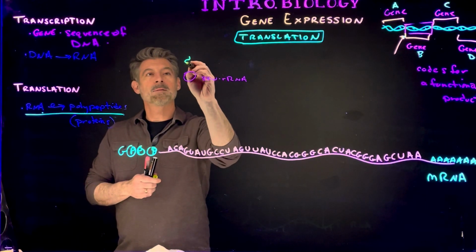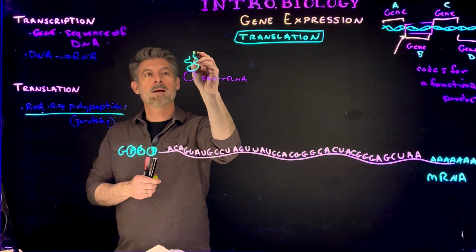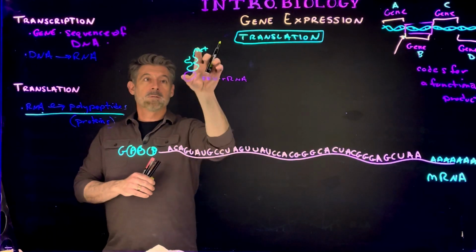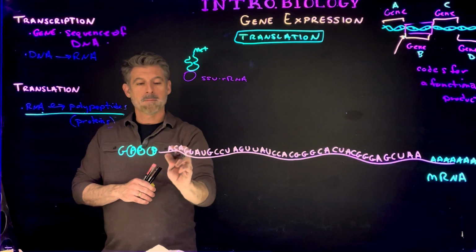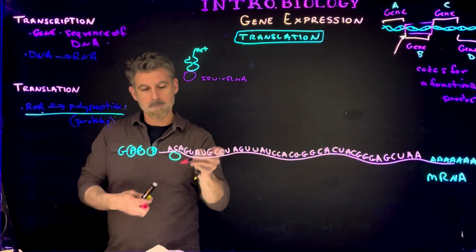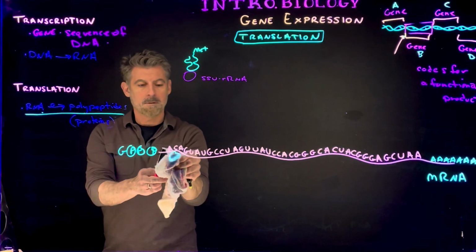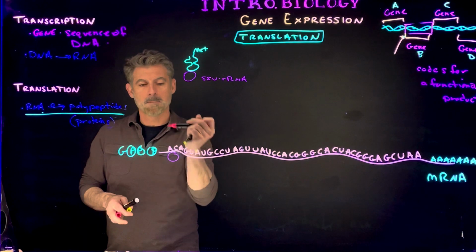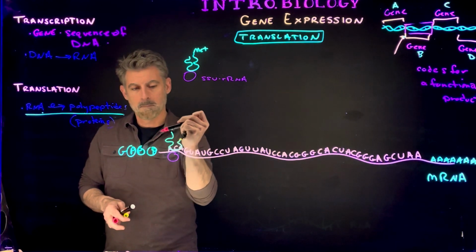Okay, so I'll have this be for the transfer RNA, and I'm going to put met here for methionine. So these things bind to this cap, and then they're attached. Bind here like this.